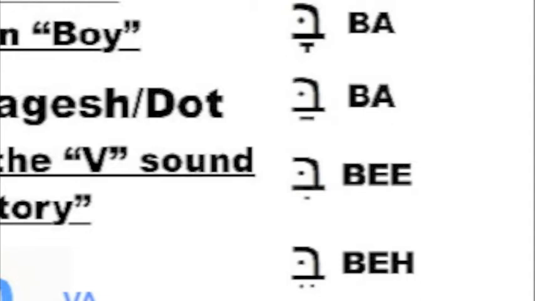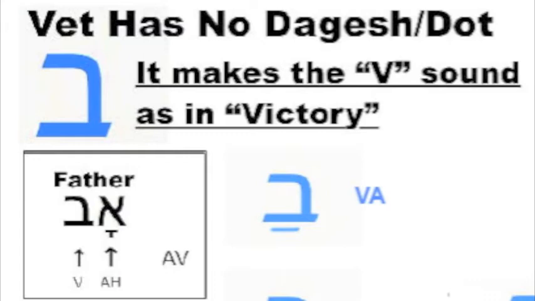Remember the little T under the Aleph letter that makes the Ah sound? And the little T under the Bet makes the Ba sound. Removing the dot or dagesh from the Bet makes the Vet. It makes the V sound as in victory. Here you see it with a vowel that's a horizontal line.